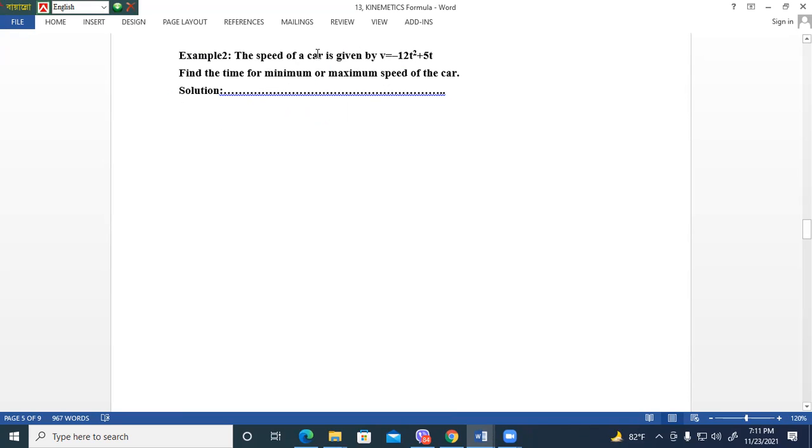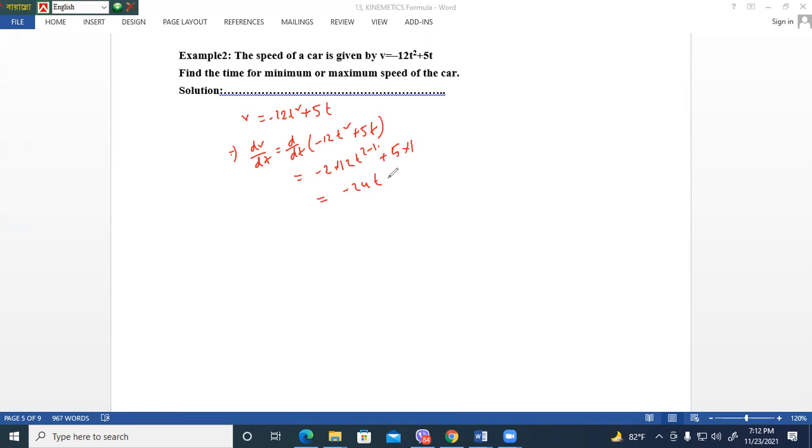Velocity equals minus 12t square plus 5t. Then acceleration equals what? dv by dt, d by dt both sides. d by dt of minus 12t square plus 5t means minus 2 multiplied by 12, then t to the power 1, plus 5 multiplied by 1, equals minus 24t plus 5.